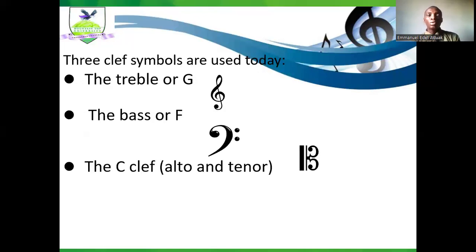We have the treble or G clef. We have the bass or F clef. We have the C clef, and the C clef can also be an alto clef or a tenor clef. So these are the types of clef that we have.